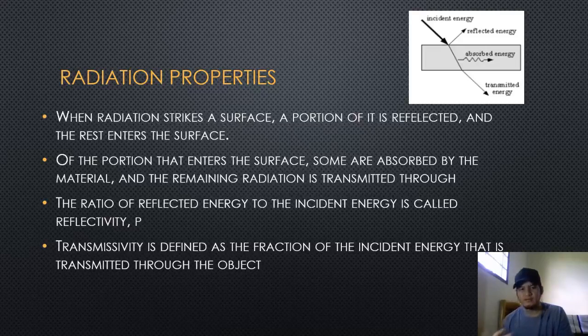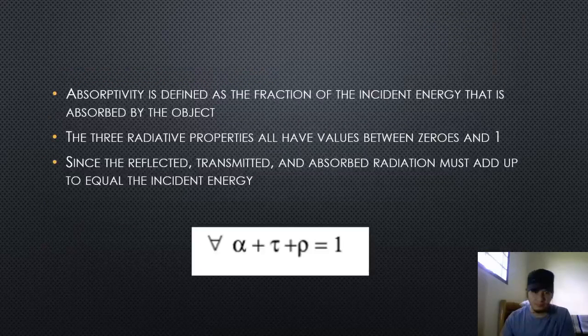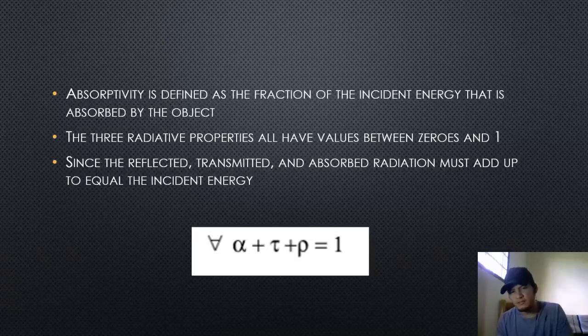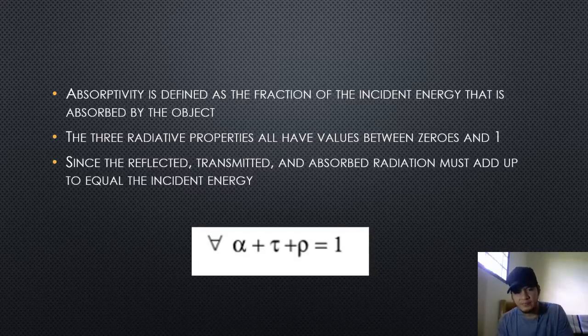The ratio of reflected energy to incident energy is called reflectivity. Transmissivity is defined as the fraction of the incident energy that is transmitted through the object. Absorptivity is defined as the fraction of the incident energy that is absorbed by the object.